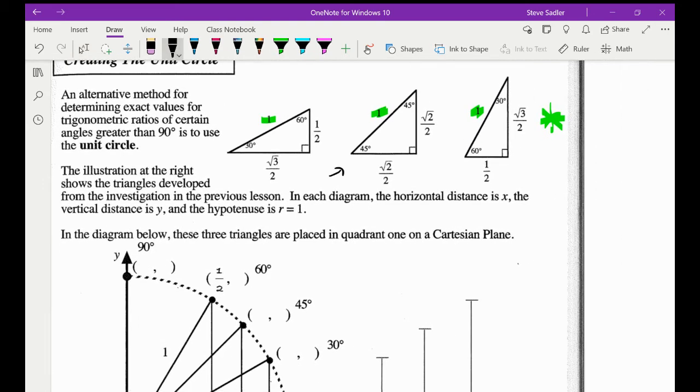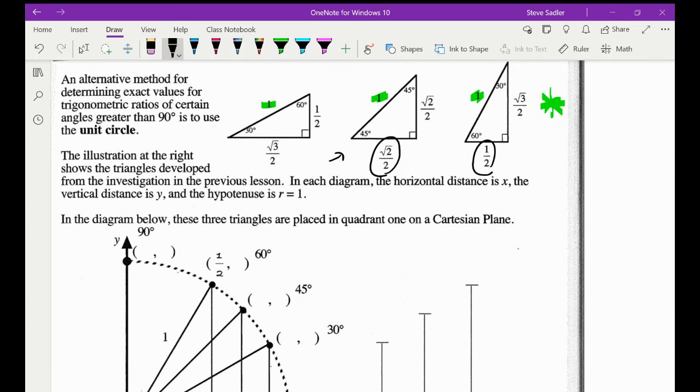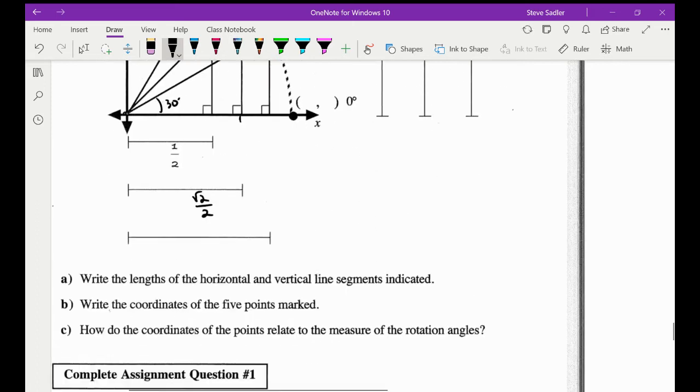We're going to do the same thing with the 30. The x value of the 30 is going to be root 3 over 2.